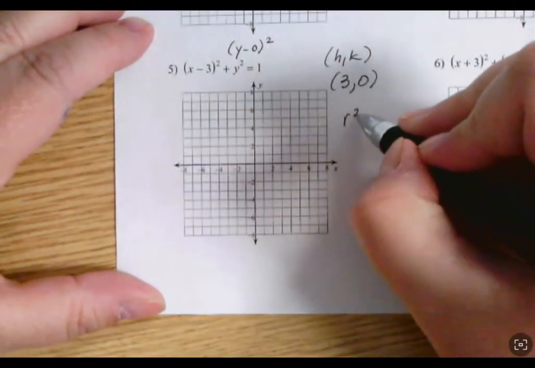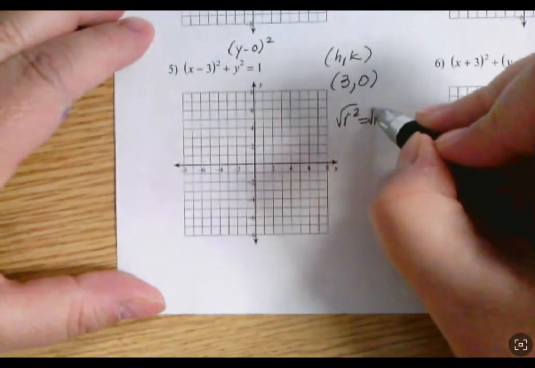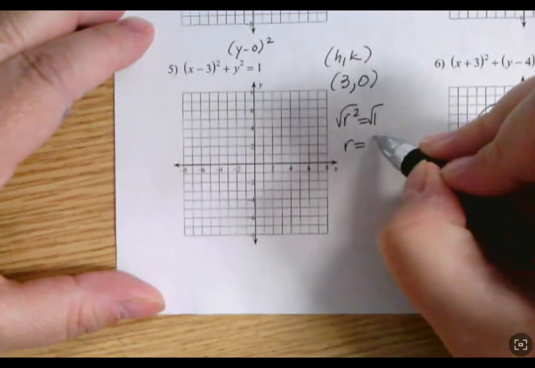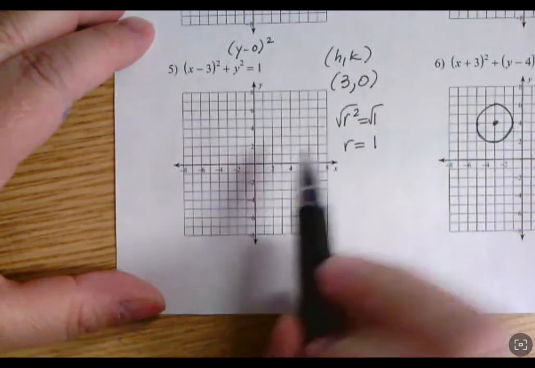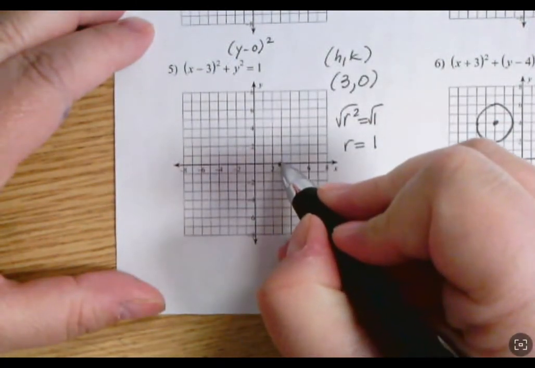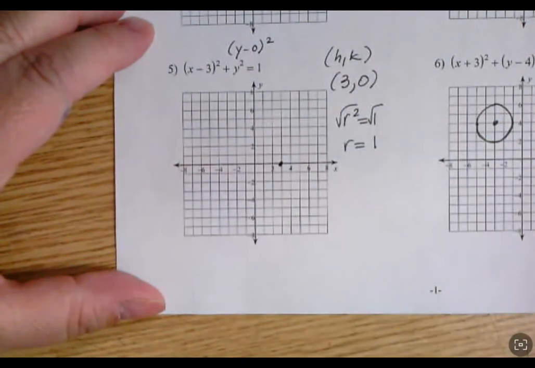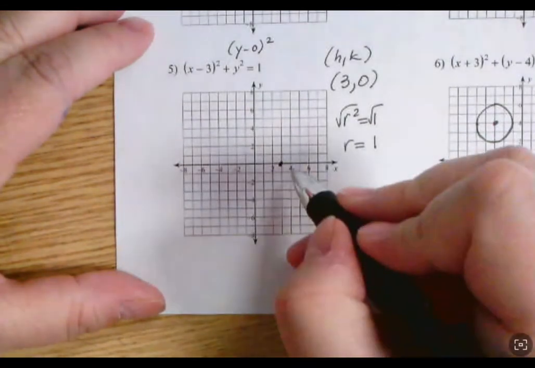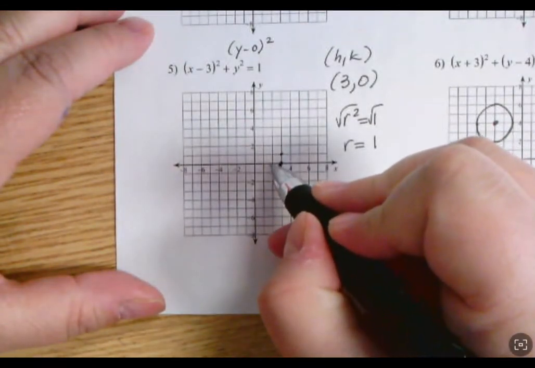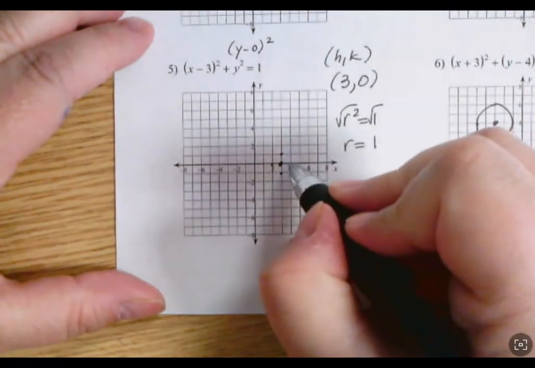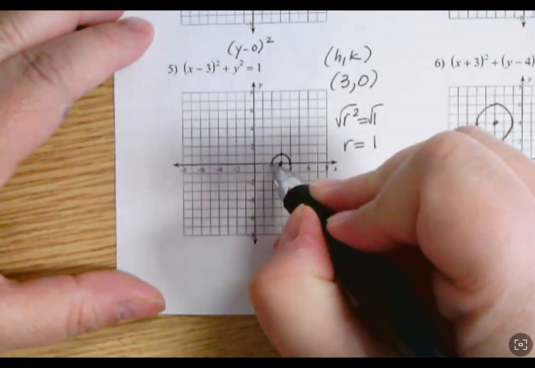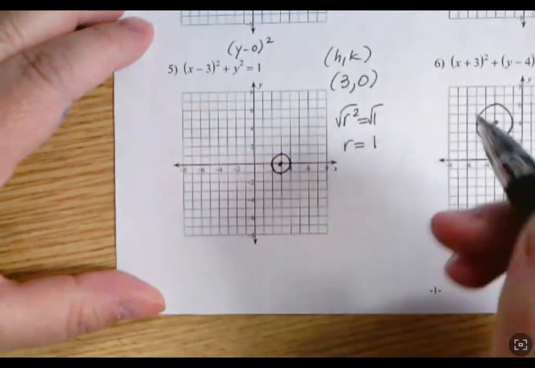The radius squared is 1, which means the radius is just 1, because the square root of 1 is just 1. So I'm going to go to 1, 2, 3, 0, and here's the center of my circle. I'm going to go up 1, down 1, left 1, right 1, and those are 4 points that I'm going to draw my circle through. And there it is.